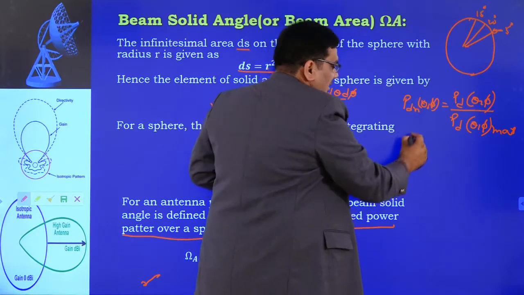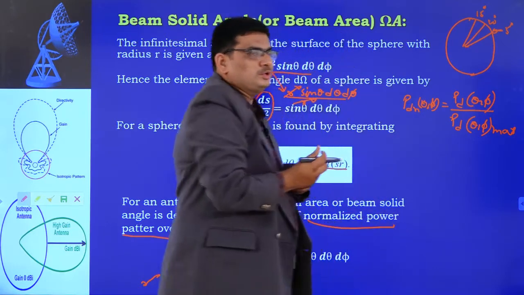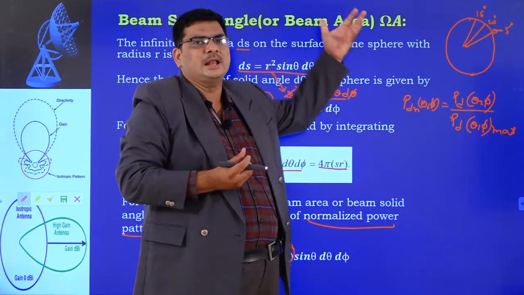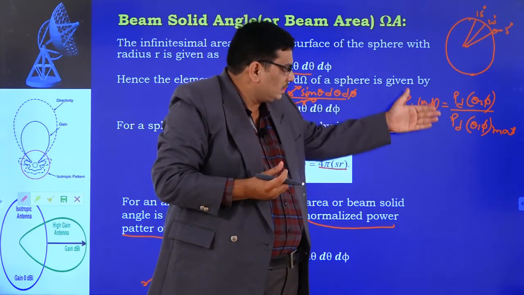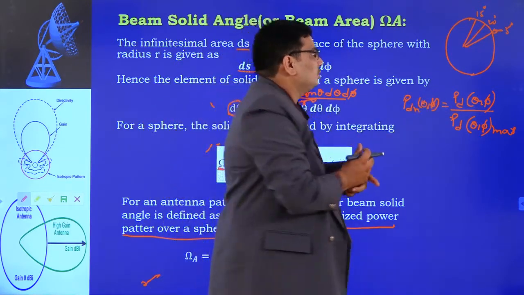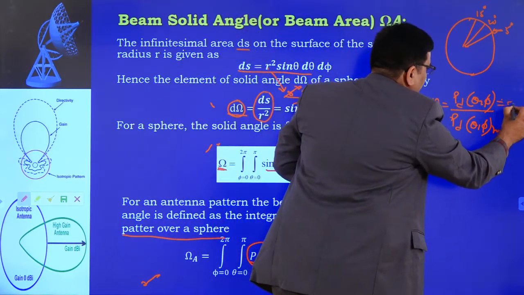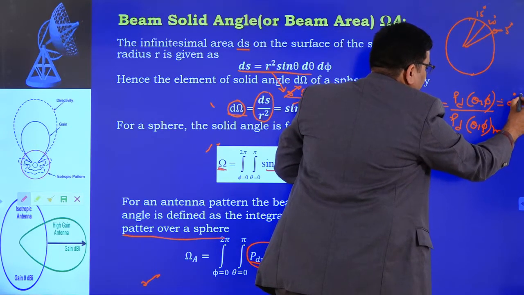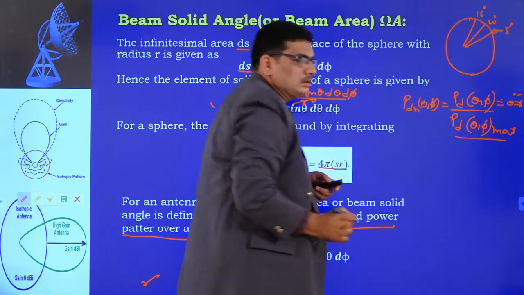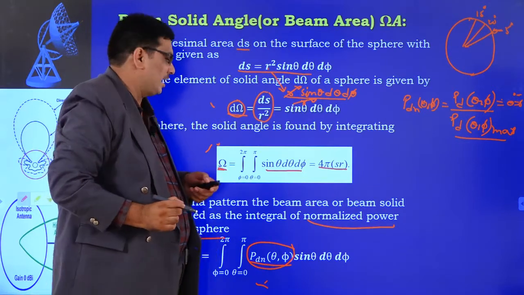If you tabulate all these values, somewhere you get the maximum value. The value at, say, 5 degrees divided by the maximum value is called your normalized value.